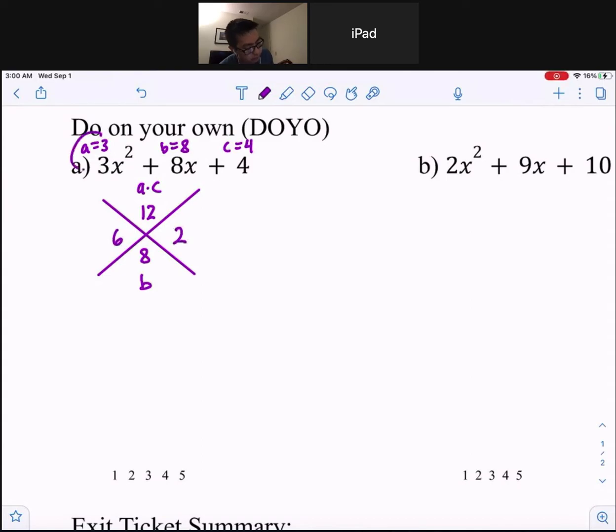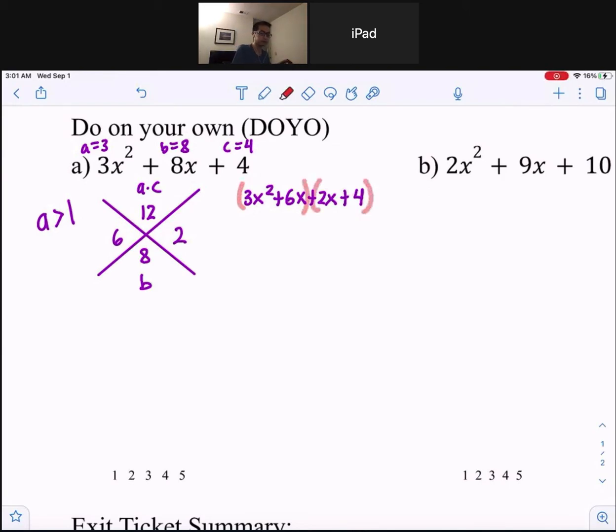And look, everybody, A is greater than 1, which means you have to factor by grouping. So write down the first term. The middle term breaks off into the two numbers we just found, so 6x and 2x, and don't forget the last term, plus 4.